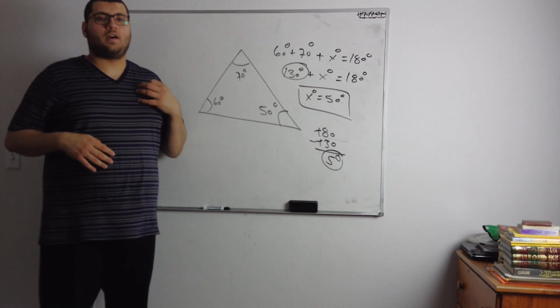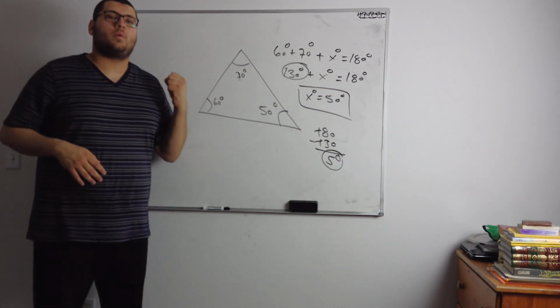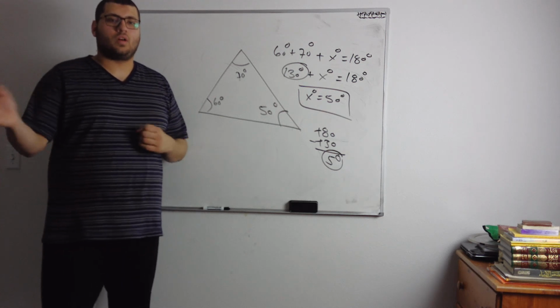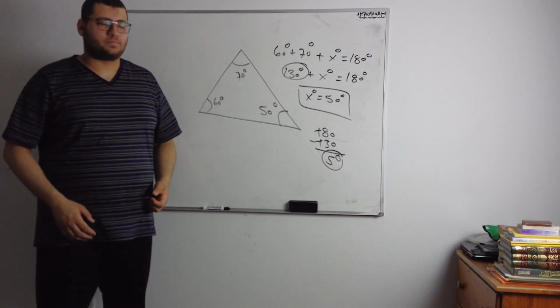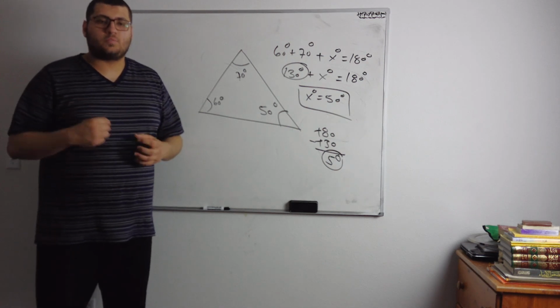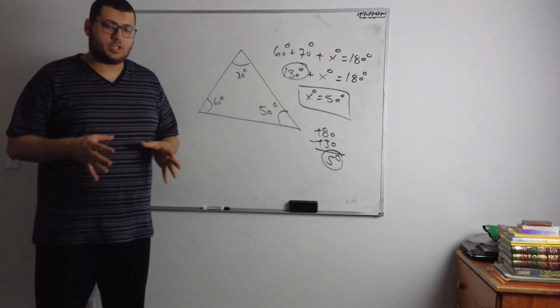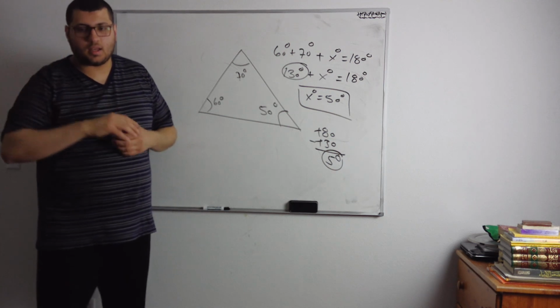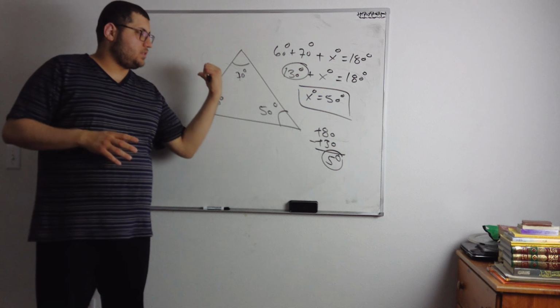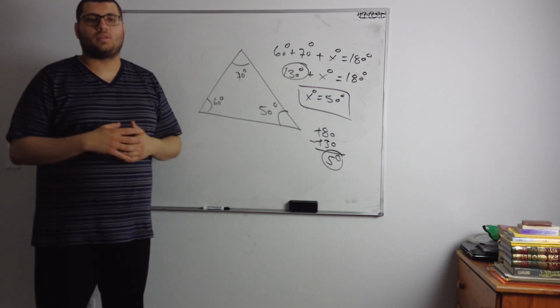If you know one angle is 60, then the other two must be 60 degrees. In an isosceles triangle, two angles must be equal. So if you see one angle is 45, then the one opposite it must also be 45, and then you can find the missing one after that.